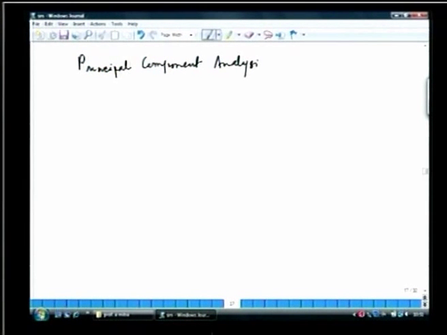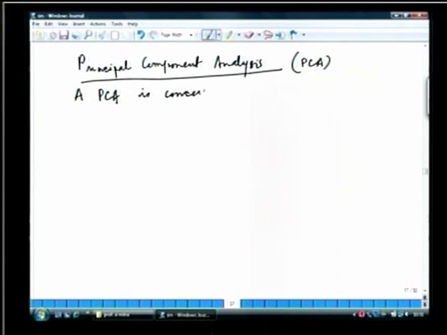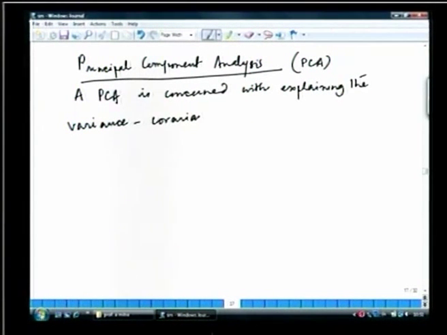Our new topic, what we are basically doing in this analysis is: PCA is concerned with explaining the variance-covariance structure. When we say the total variability in the data, this is through the variance-covariance matrix of the random vector.